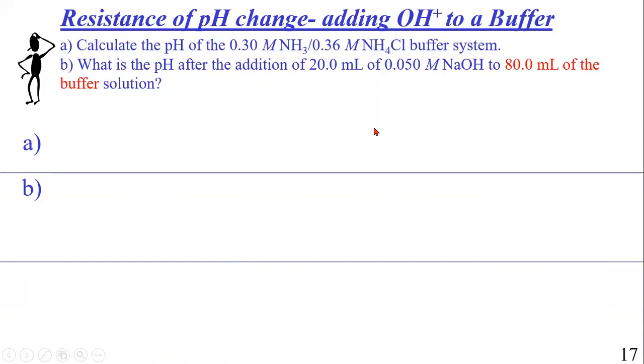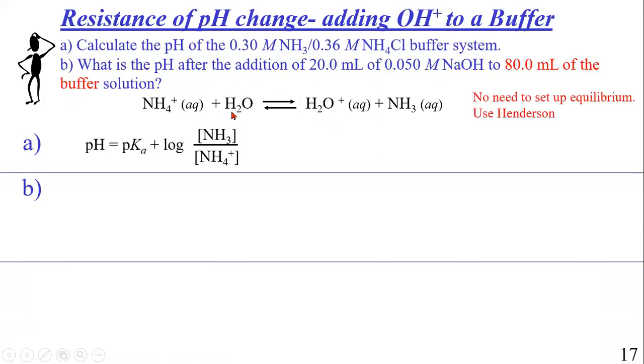Now, let's first calculate the pH without any addition of any external source, just the pH of this acid and base mixture. Yes, it is a common ion type of mixture, where we have the acid and of course the base already in the solution.